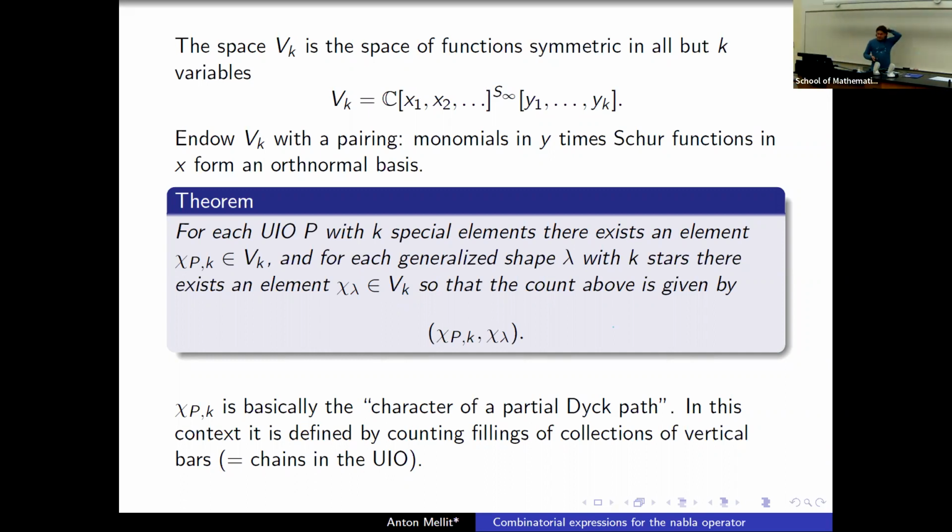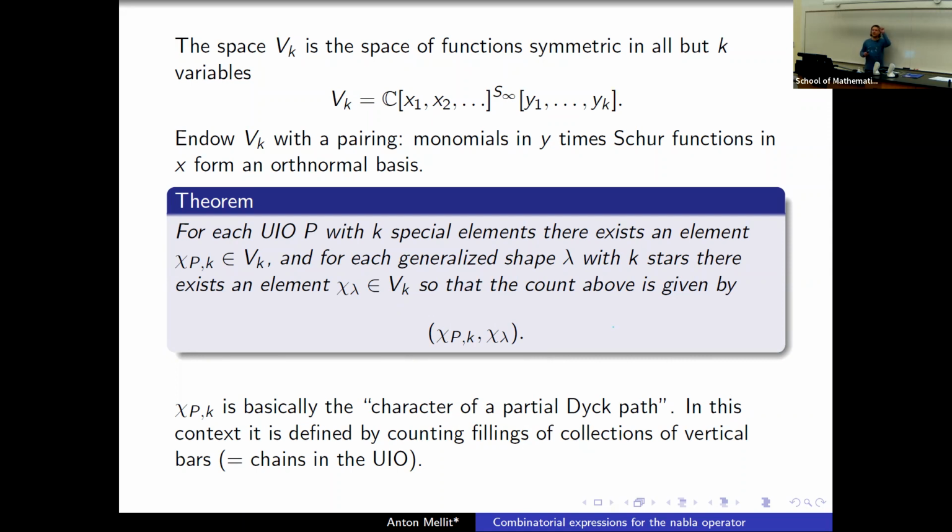And this, okay. So we have, for instance, a way to compute this character on a computer. And it can be defined. So there was a definition in that paper, and then here in this context it is defined by counting fillings of certain easy shapes. Easy means a collection of vertical bars.